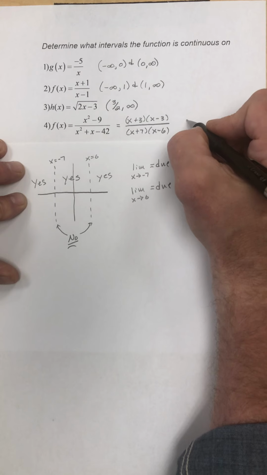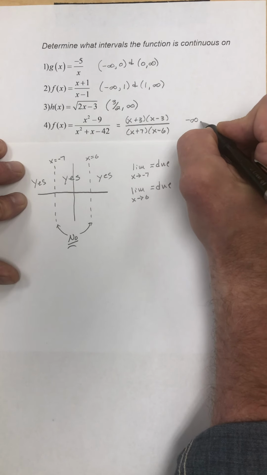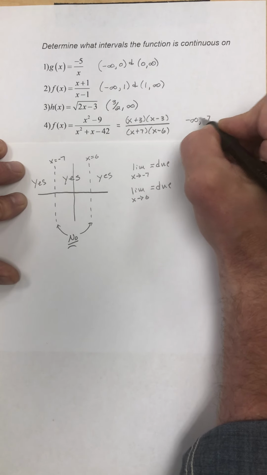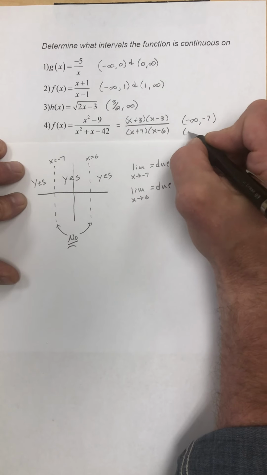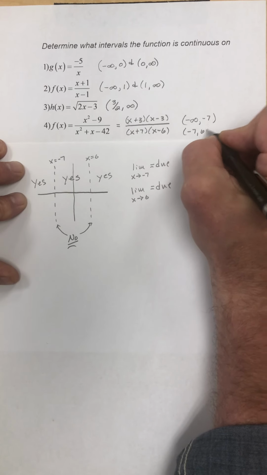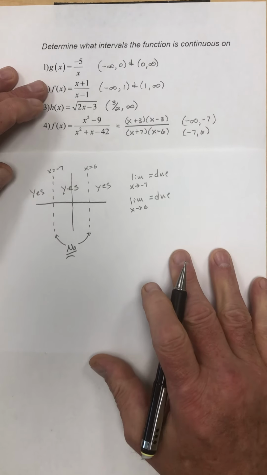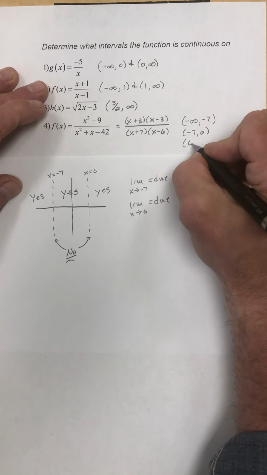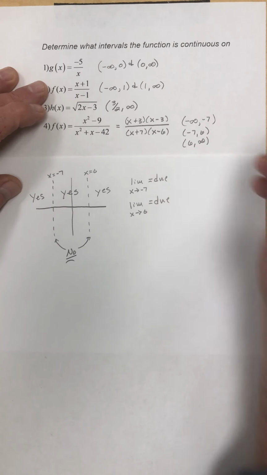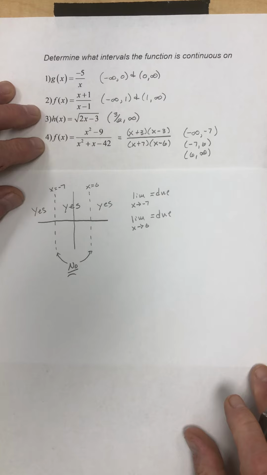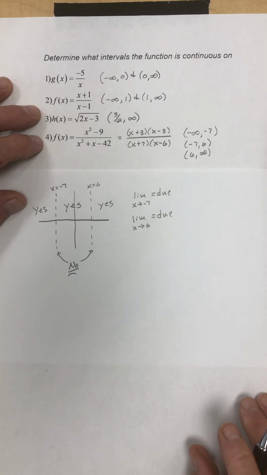So it would go from negative infinity all the way to negative 7. And then from negative 7 to 6, it's continuous. And then from 6 to positive infinity, it's continuous. Okay, and that'll wrap things up.